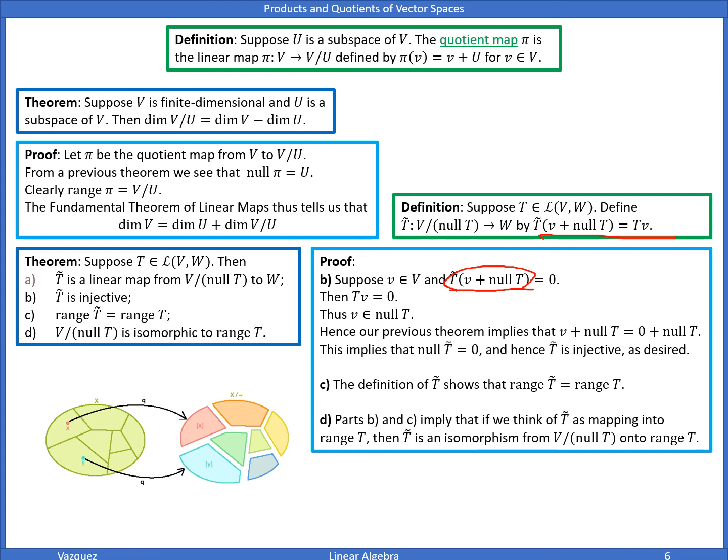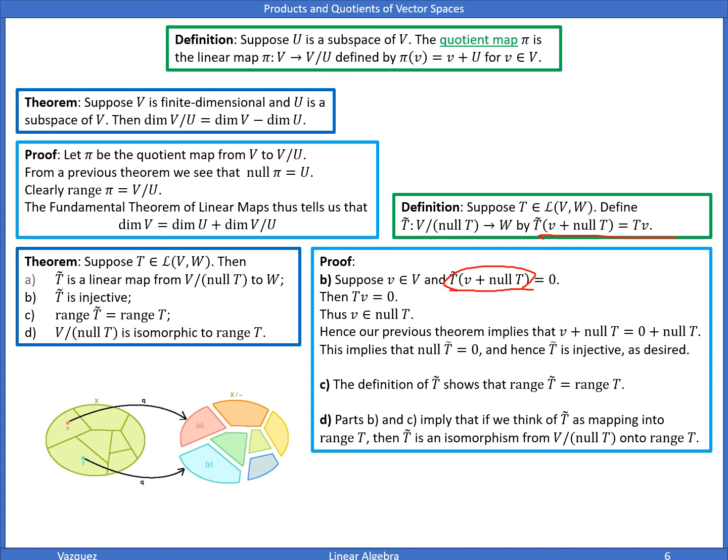And finally, parts B and C. Again, we can use the theorem that basically says the condition for an isomorphism: a map is an isomorphism if and only if it is injective and surjective, which B and C tell us.